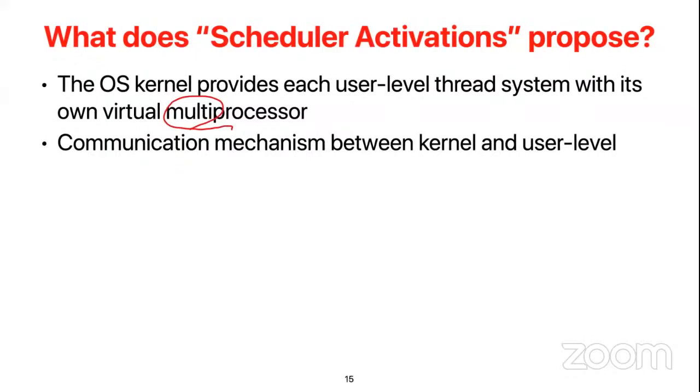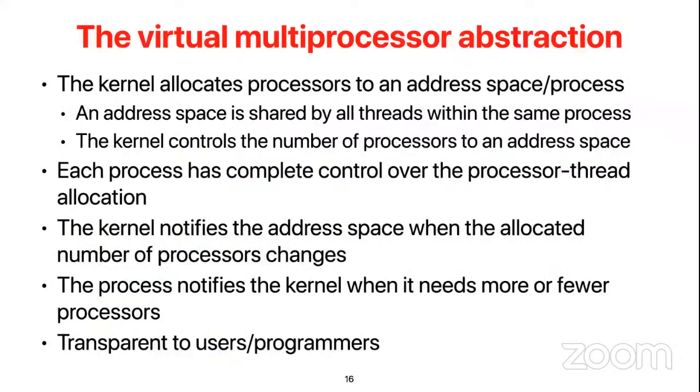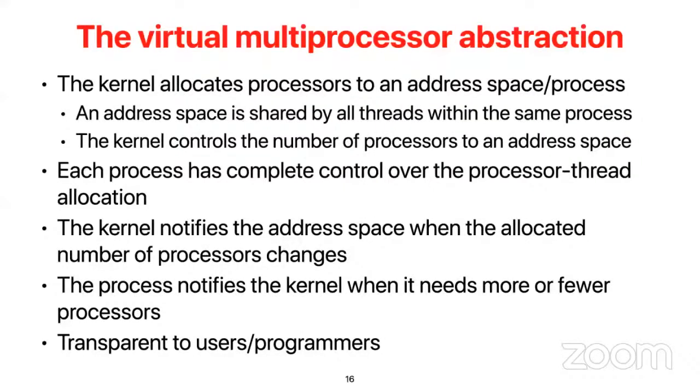So at the creation of the process, in a conventional operating system, I only give you one virtual processor. But now in scheduler activation, I'm giving you a number of virtual processors, and it's up to your thread library to decide which thread gets to run on each virtual processor.